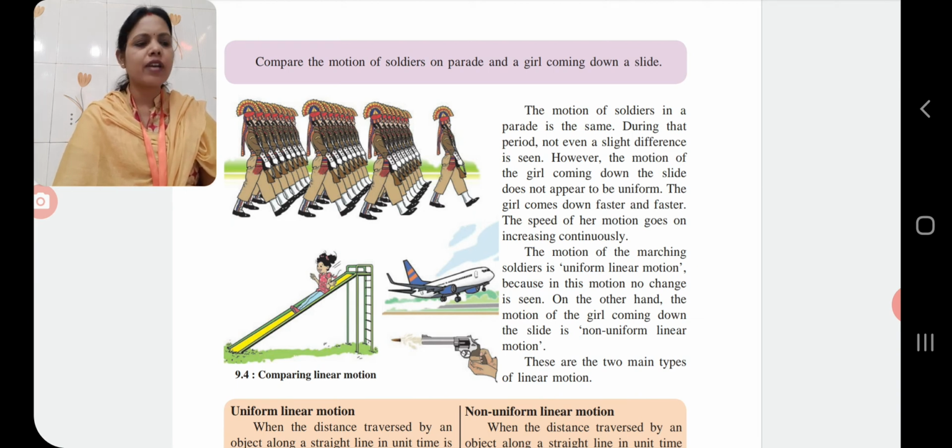The second example was the clock, in which equal distance is covered in equal intervals of time. The third example was the motion of the bullet when fired from the gun. From all these three examples, maybe it's clear to you what uniform linear motion means.